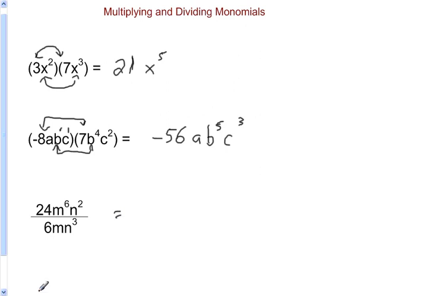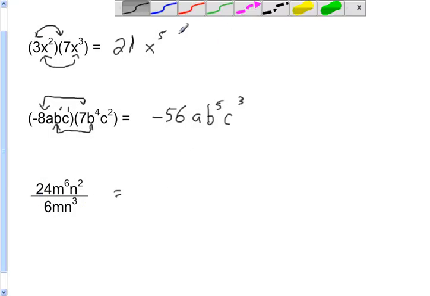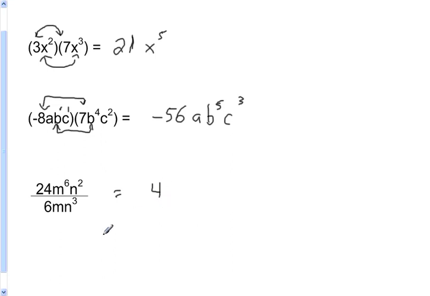Well, what if we're dividing? It's the same as dividing fractions, which we've already reviewed, and using our rules for exponents, which we've already reviewed. First thing we do when we're doing division, though, is separate it. We are just going to look at these numbers, 24 and 6. If we go 24 divided by 6, we're left with just 4. Now we have m to the 6 on the top and m to the 1 on the bottom.